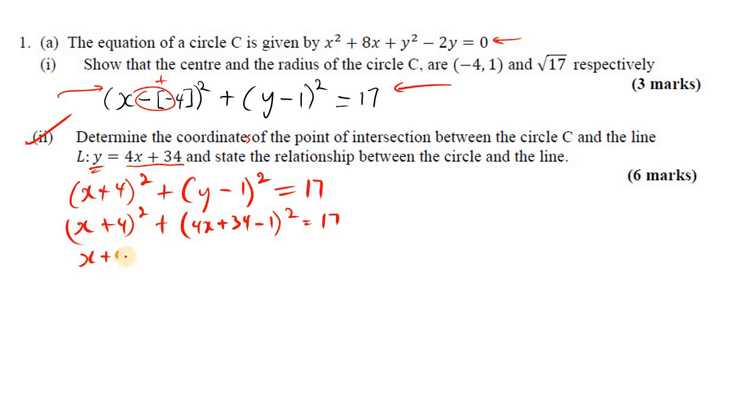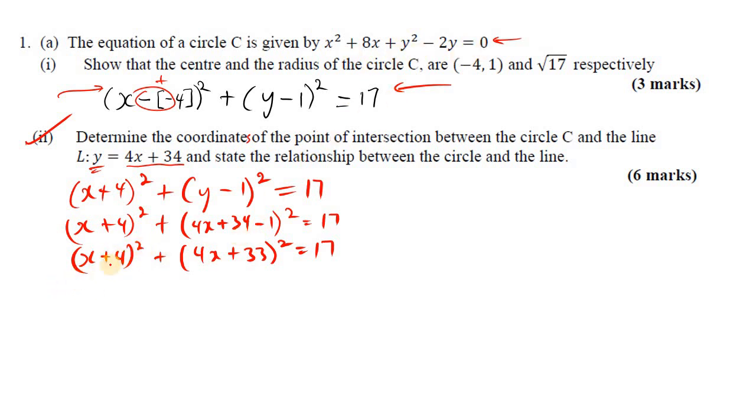Let's write this back to see where we can go with this. 4x plus 34 minus 1 is 33, squared, equals 17. Perhaps it would have been easier to just use the equation on top, but I decided to go this route.